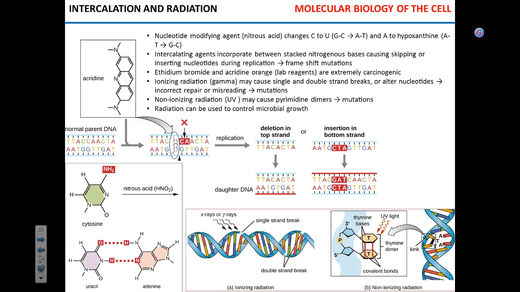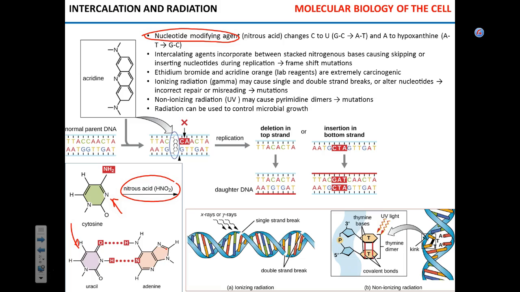The first pretty common type is nucleotide modifying agent, meaning that this agent, like nitrous acid, will change cytosine into the uracil, right? That makes sense. So cytosine used to pair with what?